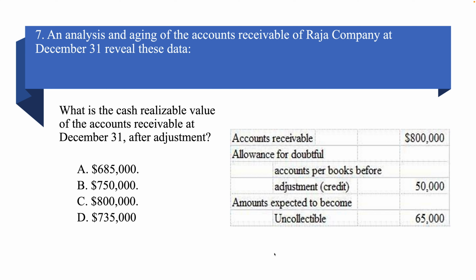Problem 7. An analysis and aging of the accounts receivable of Raja Company at December 31st revealed this data. Accounts receivable 800,000, allowance for doubtful accounts before adjustment credit 50,000, and amounts expected to become uncollectible is 65,000.